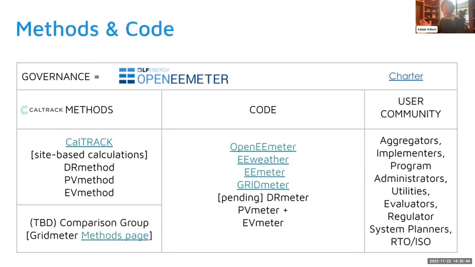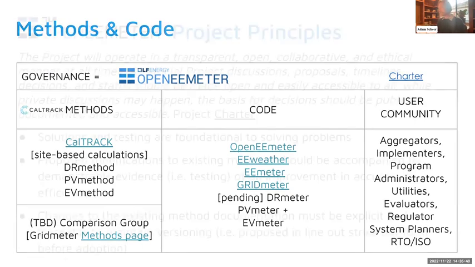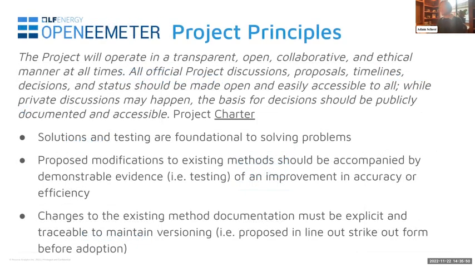There's a whole bunch of links here to existing methods, existing libraries, code. I won't get into all of them. And just some principles, just stressing what Phil already mentioned, that solutions and testing are really a foundational process of methods development, and we're fully expecting that we're going to be doing a lot of that. Recurve is willing and ready to devote real resources to this, but we don't have infinite bandwidth by any stretch.